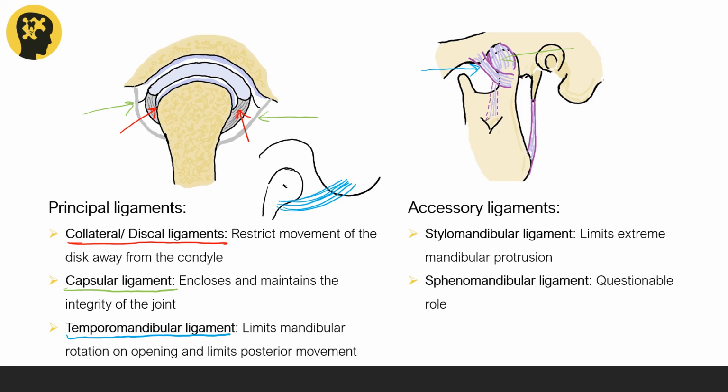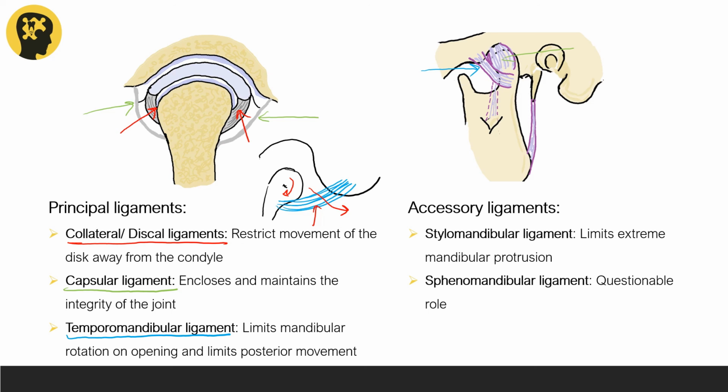So what happens is that after the condyle rotates up to a certain point, the lateral ligament attains its maximum length and can't stretch anymore, which is why to open the mouth further, the condyles have to translate forward down the articular eminence. And this is how the lateral ligament limits mandibular rotation on opening.